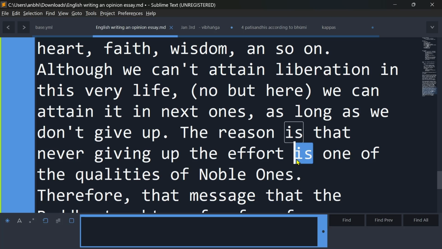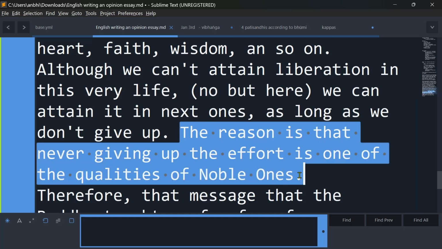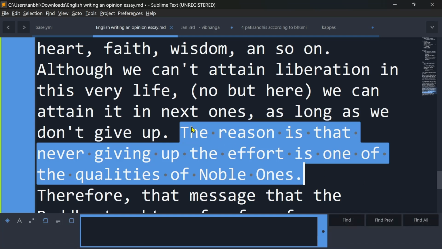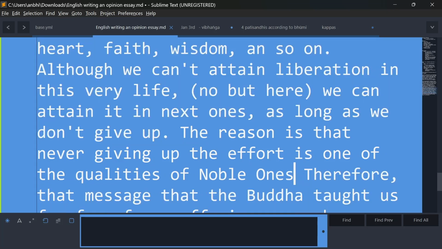Two clauses. Remember what a clause is? A clause has a subject and a verb at least. No, the sentence is from the first letter until the period, you see? This is the sentence until the period.